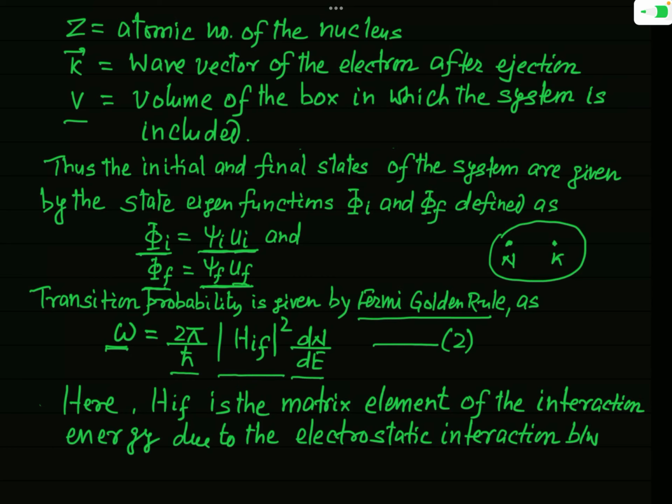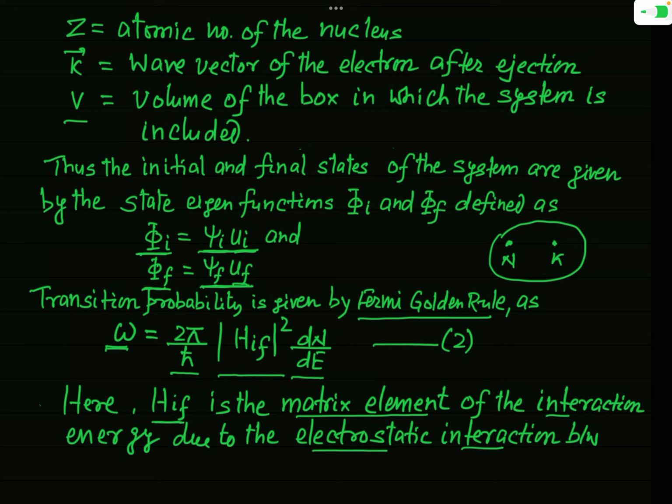Now, what are the quantities present in this equation? Here, this H_if is the matrix element of the interaction energy due to the electrostatic interaction between the proton of the nucleus and the electron. This is the matrix element due to the interaction, which is of electrostatic nature, and this interaction takes place between the proton inside the nucleus and the electron.